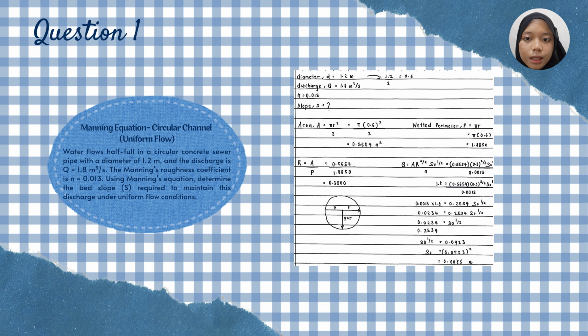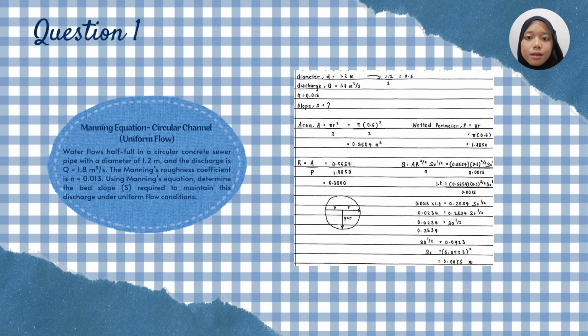We will solve it until we have S to the power 1 over 2 equals 0.0334 over 0.2834 equals 0.0923.